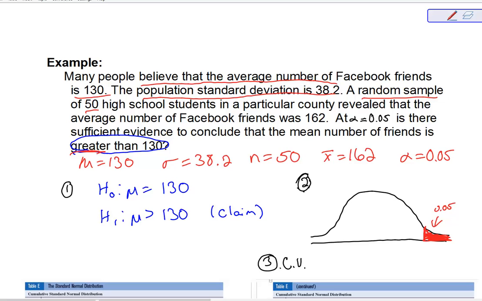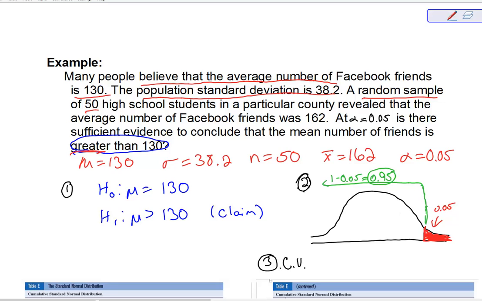So what we have to do is say that this area over here is 1 minus 0.05, which is 0.95. This number is what we actually look up in the center of our table.